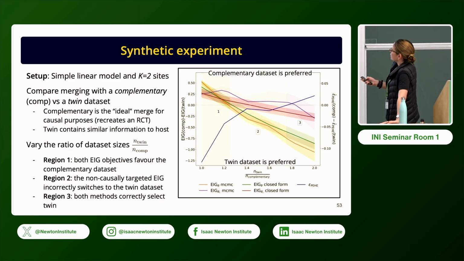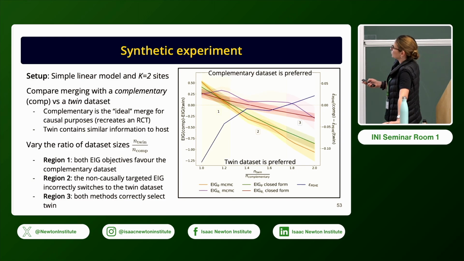What we see is slightly different behavior in the 3 regions. In the first region, both the EIG objective and the PHE favor the complementary data set, right?